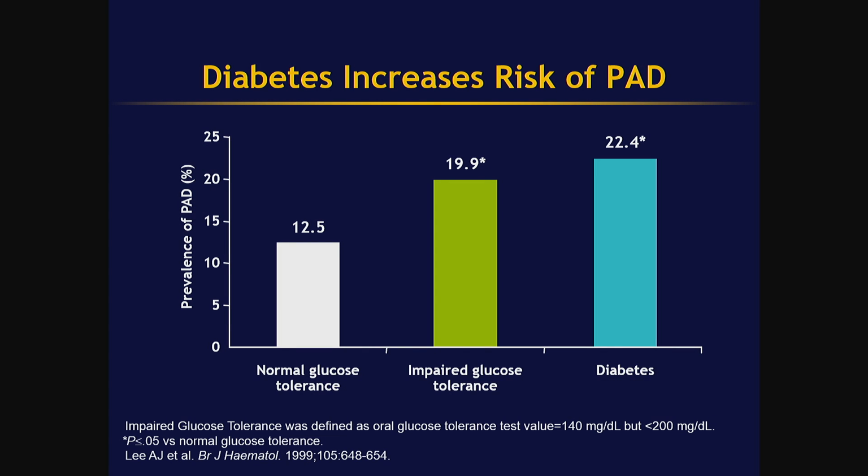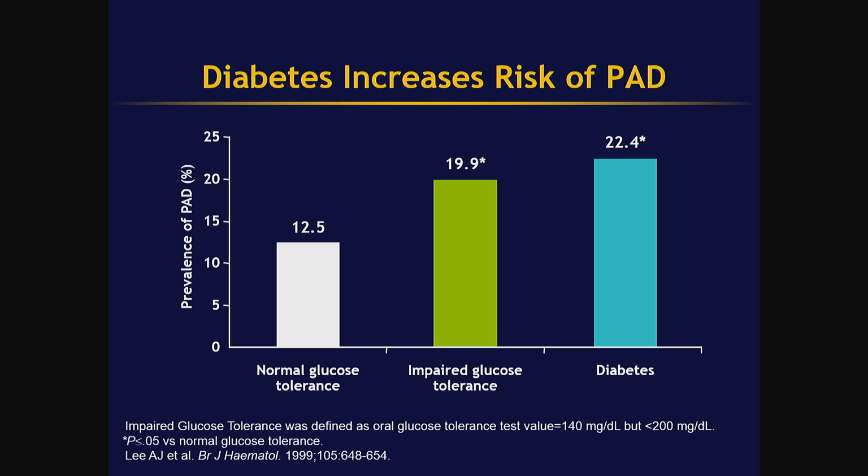It's clear that diabetes increases the risk of peripheral artery disease, and PAD is generally believed to be more common in diabetic than non-diabetic patients. But the data from prospective studies evaluating it is not as robust as one would expect.